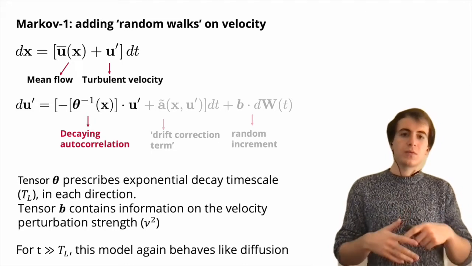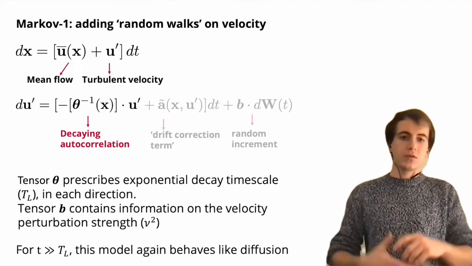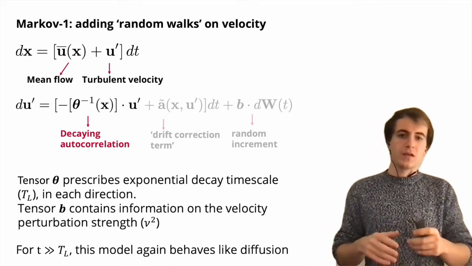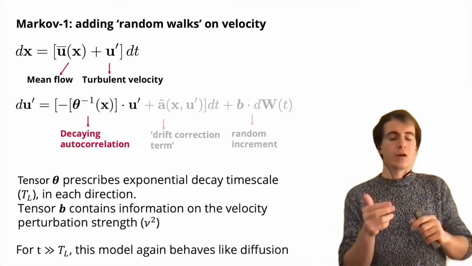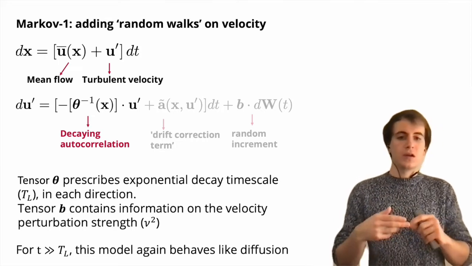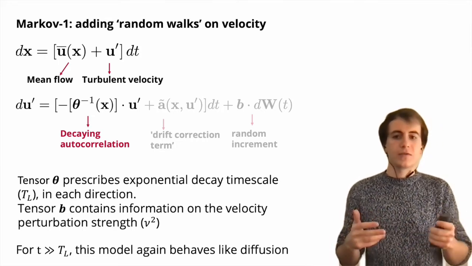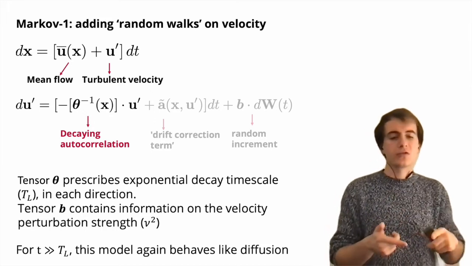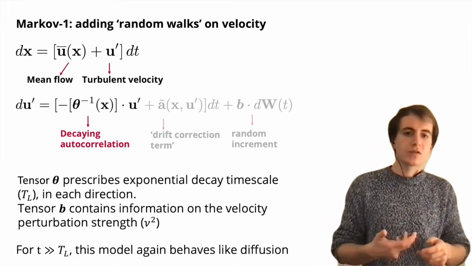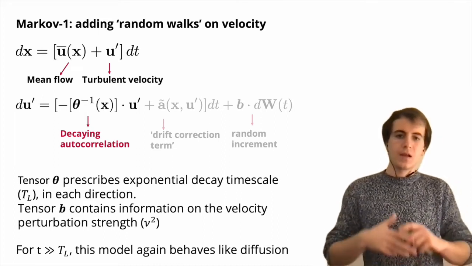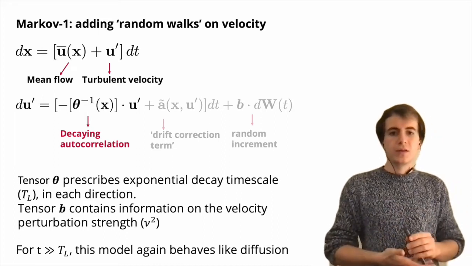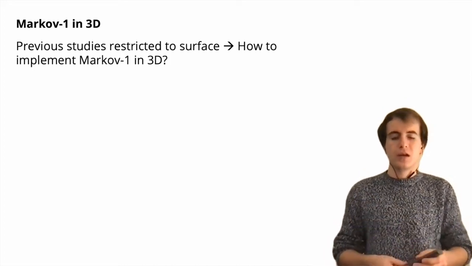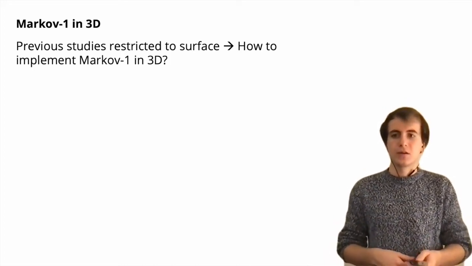For times much larger than the Lagrangian timescale, this model again behaves like diffusion. So we can compare the Markov 1 model and the Markov 0 model at large timescales, and they would behave the same. But the Markov 1 model takes into account the decaying autocorrelation and is also able to capture the ballistic regime. Previous studies that apply the Markov 1 model have been restricted to the surface so far.